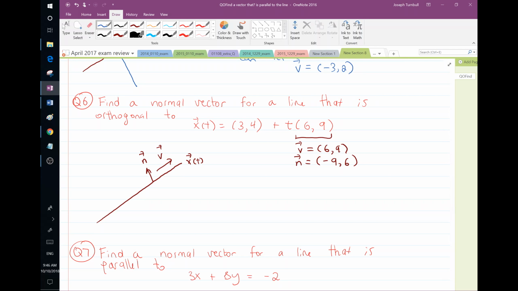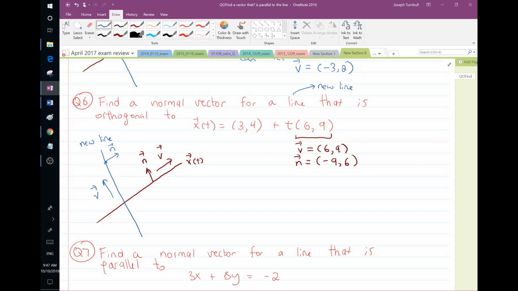I'm going to draw the second line. That's our new line. It also has a normal vector n and a direction vector v. I'm really using v and n for both of them because I have colors. If you have pencil, get colors.